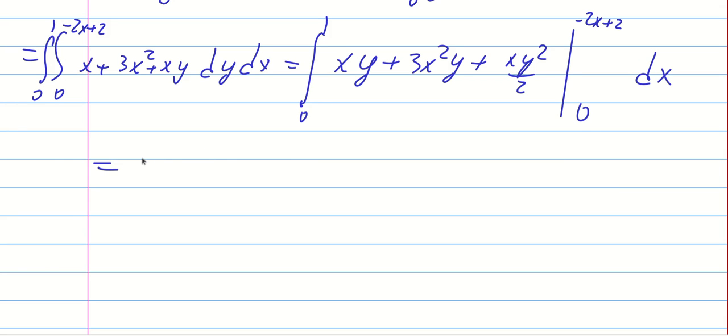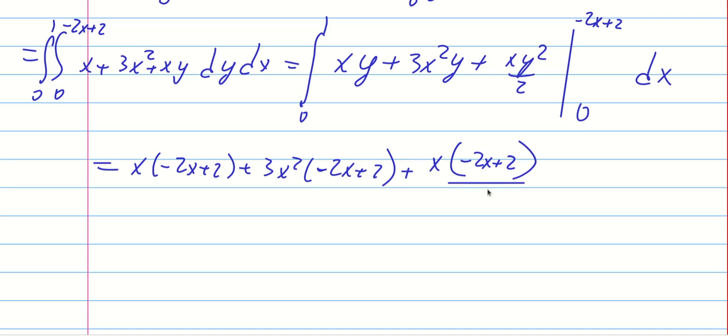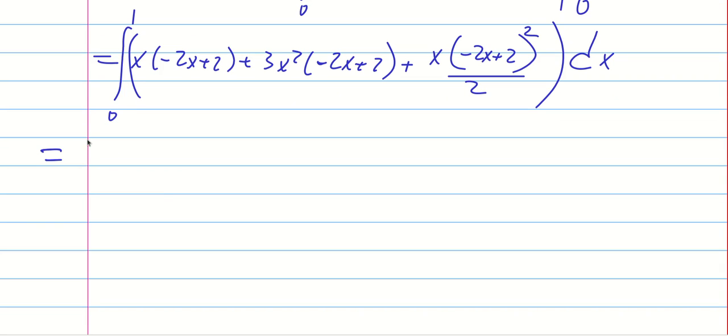So we're going to get x(-2x + 2) + 3x²(-2x + 2) + x(-2x + 2)² over 2, integral from 0 to 1 dx. So let's figure this out.